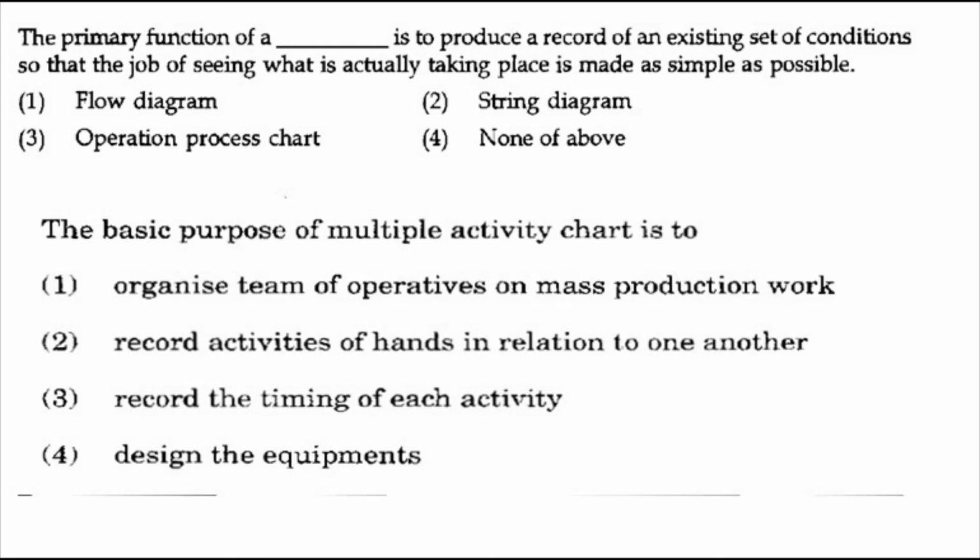So option 1 is the correct answer for the basic purpose of multiple activity chart. The basic purpose is to organize a team of operatives on mass production work. Those two or three words, mass production work, will show the exact answer for this question. So option 1 is the correct option.